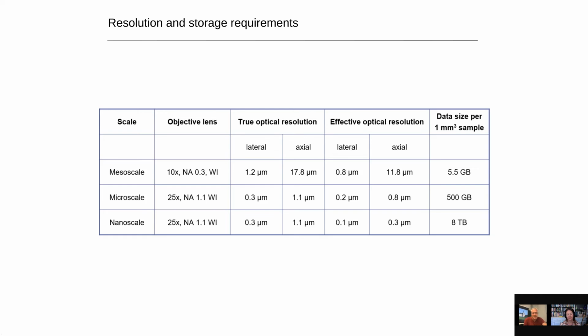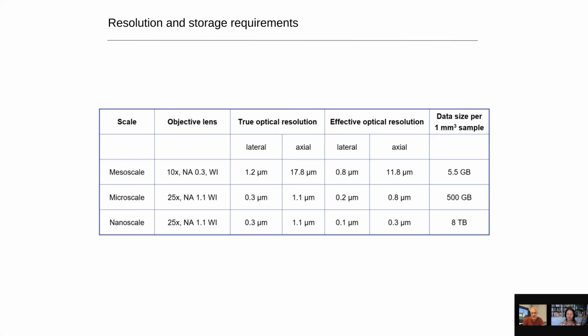So the amount of data we deal with in light sheet microscopy is always really a key issue. Here we prepared a table, and you can see on the right-hand side that, depending on the resolution you are imaging with, you produce an amount of data which is pretty large even for today's computers.